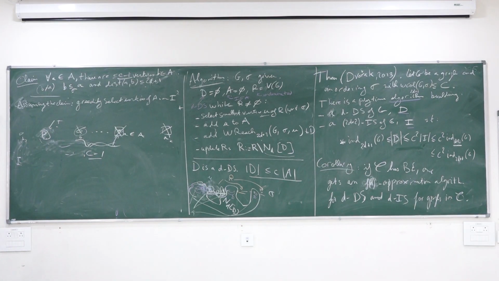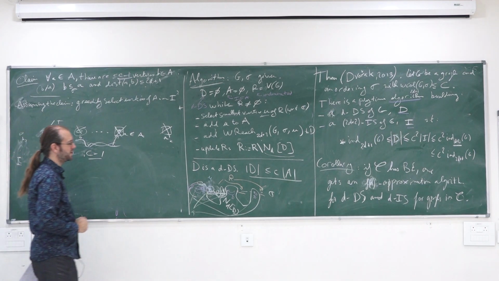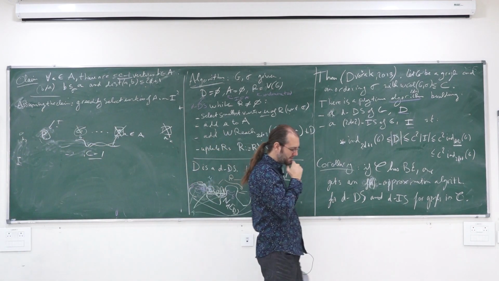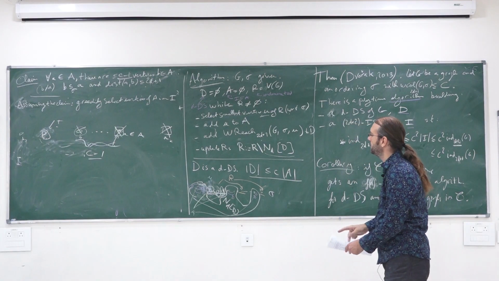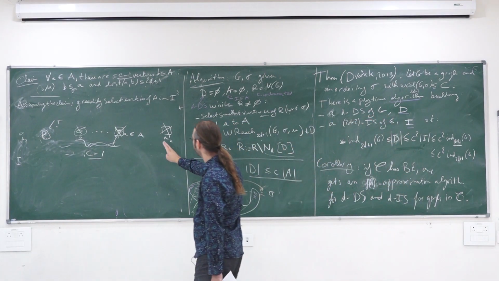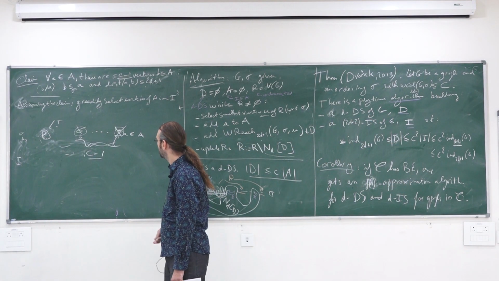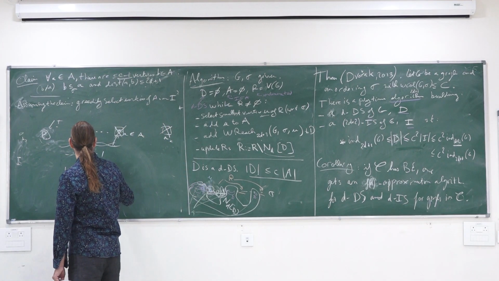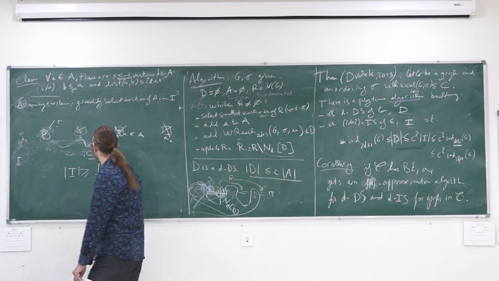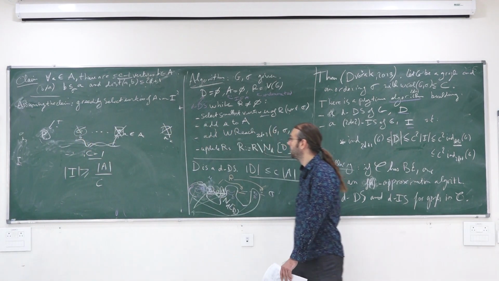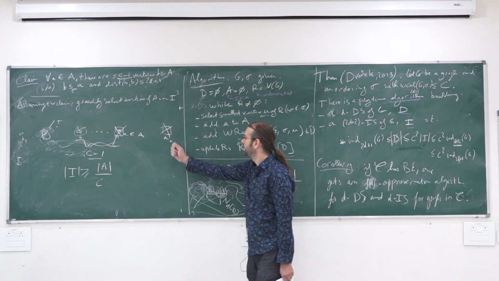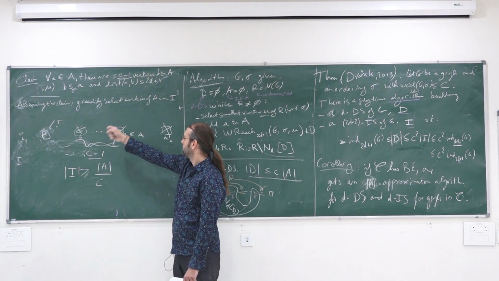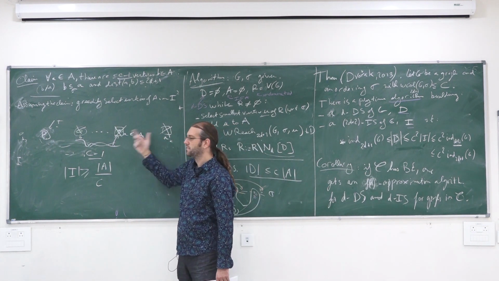So this gives you an independent set. I think this is correct, though maybe one needs to double check. But the idea is this. And then what I'm saying is that the I I have selected now is at least A divided by C. Because when I pick one, I kill C minus 1 plus 1.